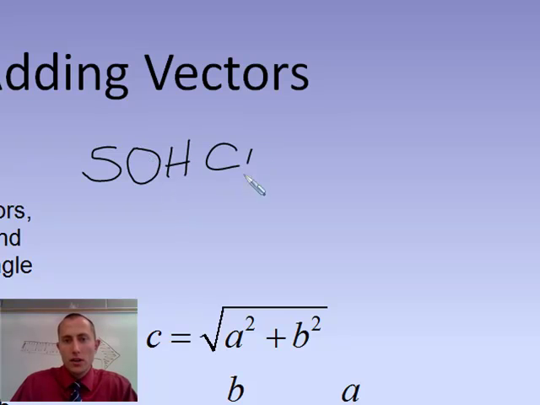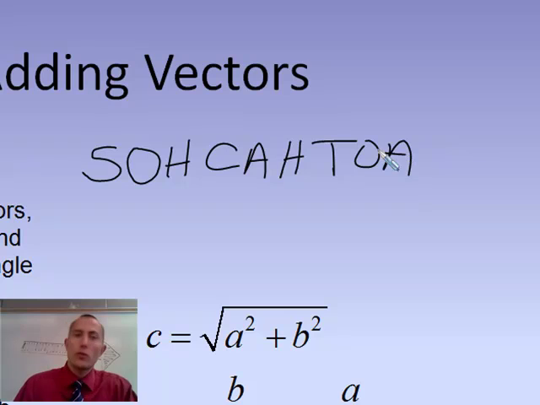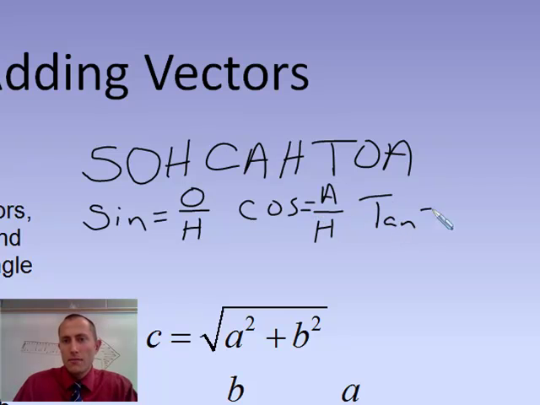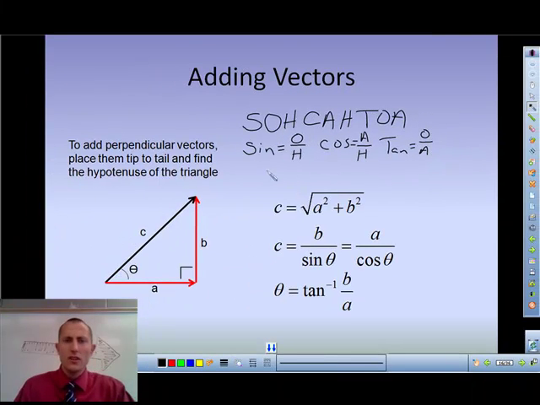So, SOH CAH TOA, yeah, ringing a bell, I hope, which is sine is opposite over hypotenuse, cosine is adjacent over hypotenuse, and the tangent of an angle is the opposite side over the adjacent side.